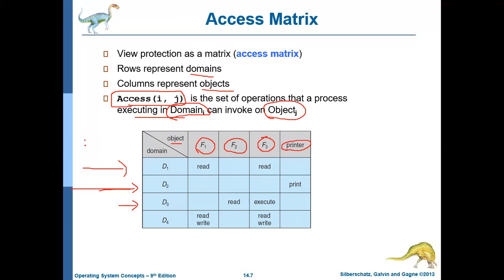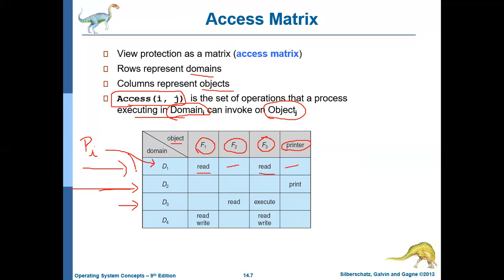So if the process Pi is executing in the domain D1, then it can perform read operation on the object F1, and it can perform read operation on the object F3. It cannot perform any operation on F2, and it cannot perform any operation on the printer. So this is the privilege for the process executing in the domain D1.